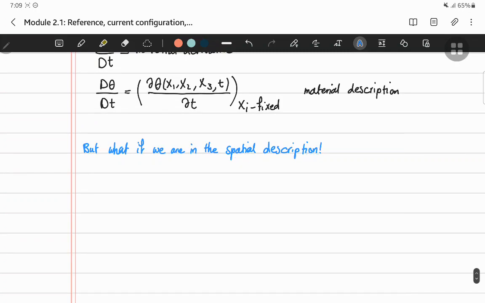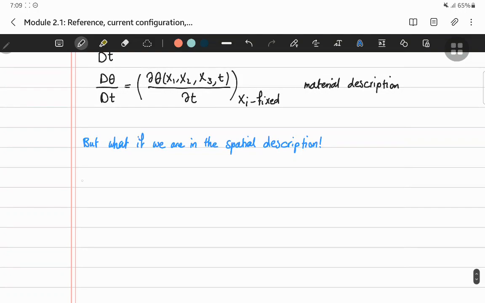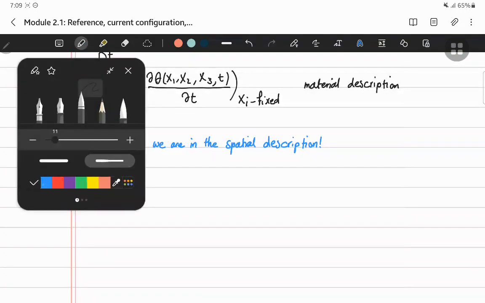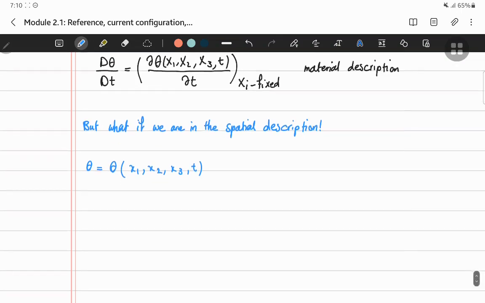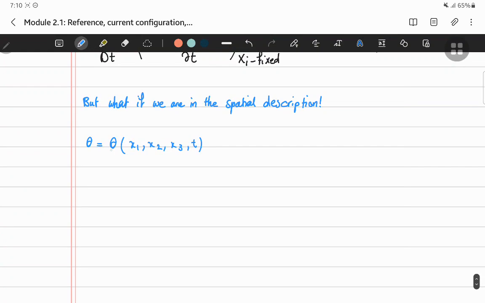If we are in the spatial description, we have theta at small x, x1, x2, and x3, and t, and we can put a tilde here, but I'm going to remove this. So we know that theta is a function of x1, x2, and x3. So we are in a spatial coordinate.